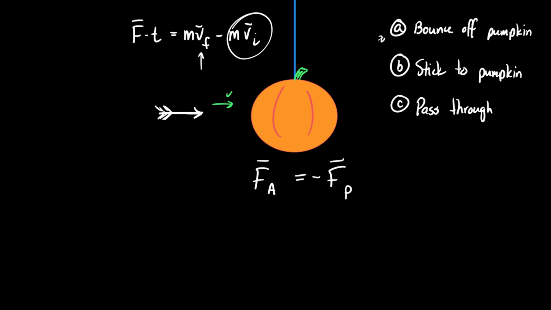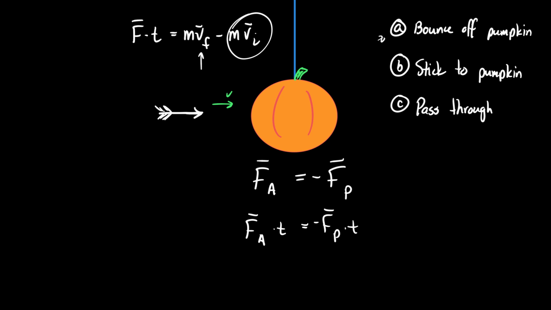And is the arrow in contact with the pumpkin longer than the pumpkin is in contact with the arrow? I mean, is there any way for you to be in contact with the desk without the desk being in contact with you? No, right? That's the whole point here. In fact, there is no way for an object to apply a force through contact that doesn't require the same amount of time for contact.